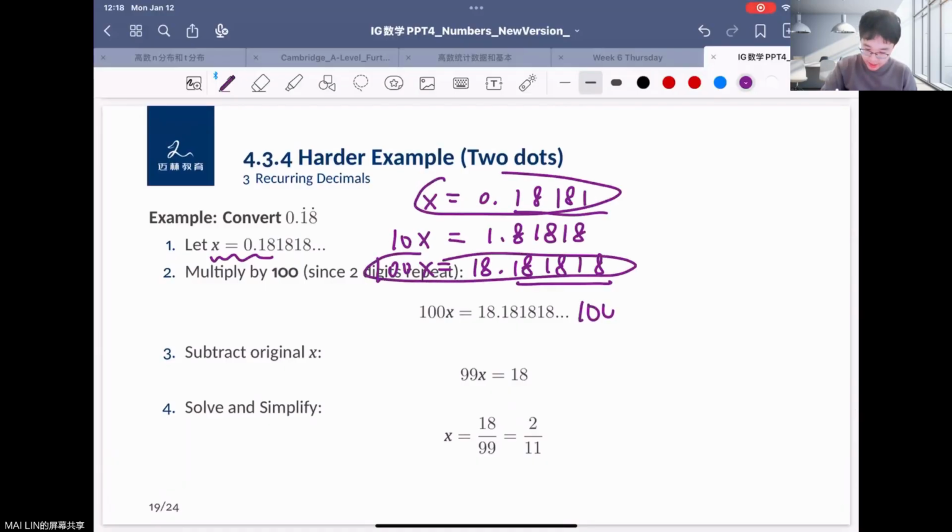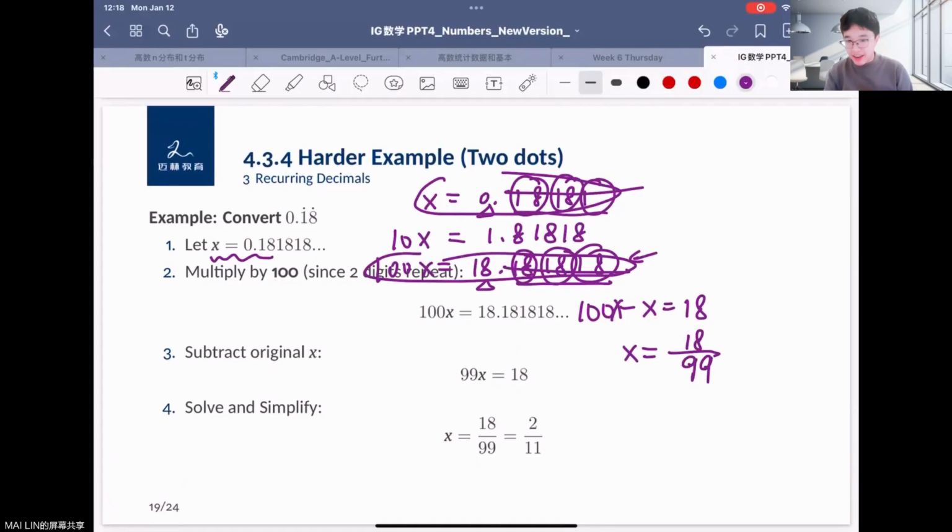The decimal parts are the same because there are unlimited digits after the dot. So 100x minus x equals 18 minus 0, and the decimal places are deleted. So here is 99x equals 18, and x equals 18 over 99. And the final answer is 2 over 11.